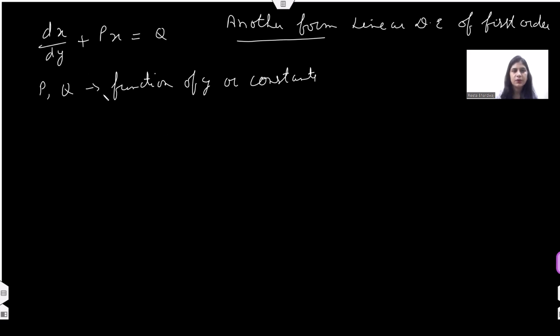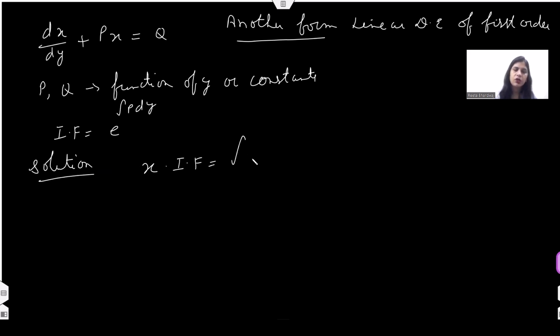By using the same approach as before, we can get its integrating factor, which would be e raised to power integration p dy, and its general solution would be given by the formula x multiplied with the integrating factor is equal to the integration of q multiplied with the integrating factor dy.